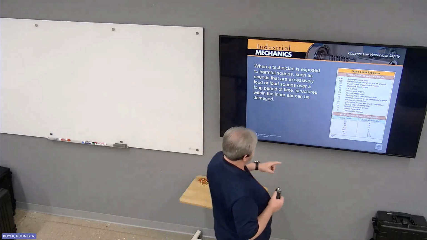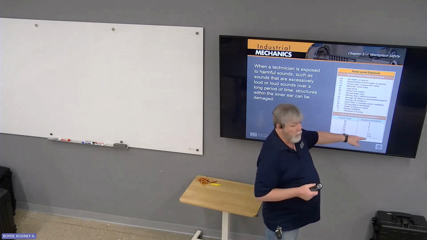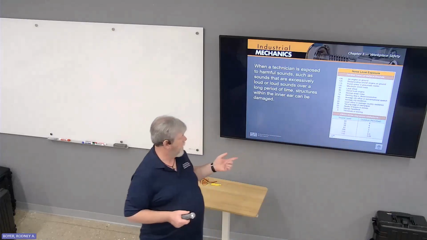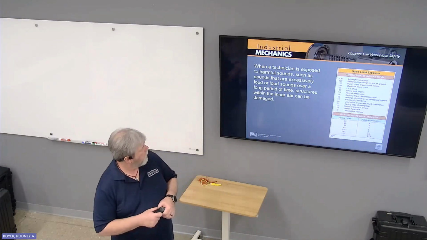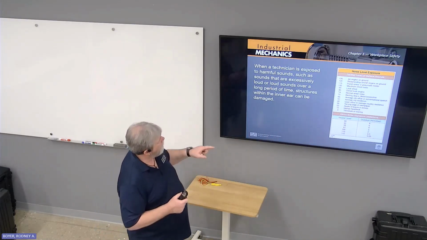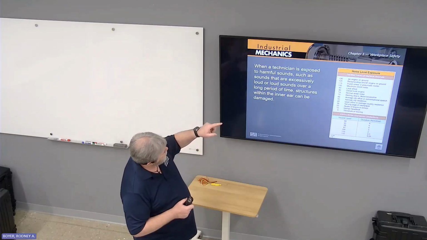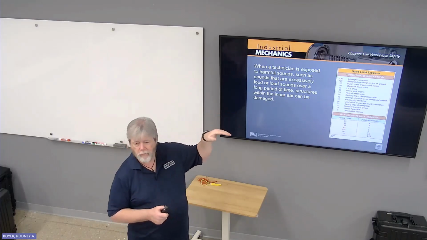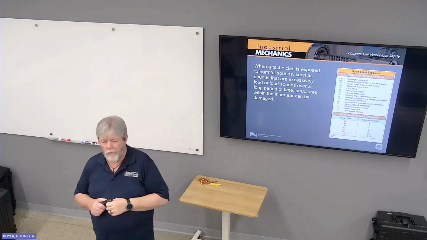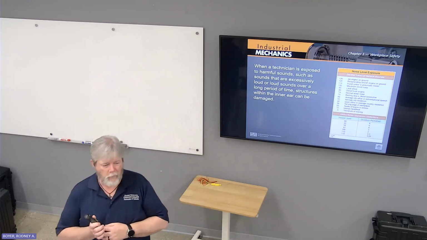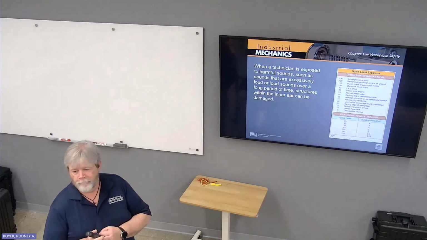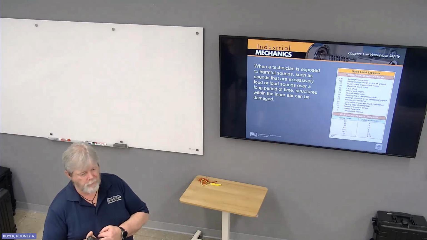Those are hours, by the way. 90 decibels, 8 hours, 92, 6 hours, and so on. You get up to that 130 decibel level, the jet engine on the ground, 130 decibels is enough to rupture your eardrums. It's pretty much instantaneous death.